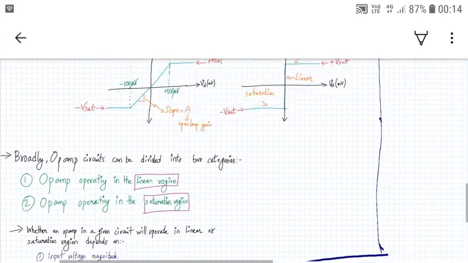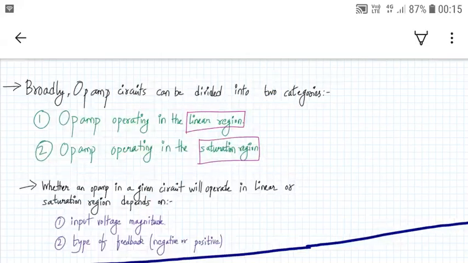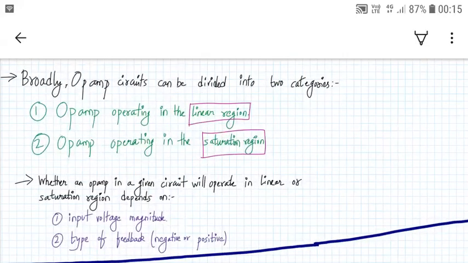Also, whether an op-amp in a given circuit will operate in a linear or saturation region will depend upon two factors. The first factor is the input voltage magnitude, and the second factor is the type of feedback, whether we have a negative feedback or a positive feedback.